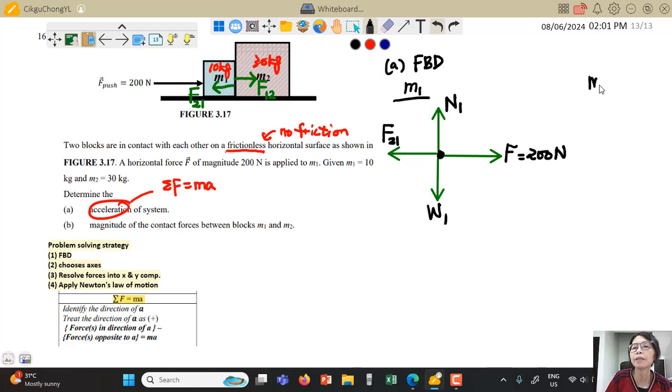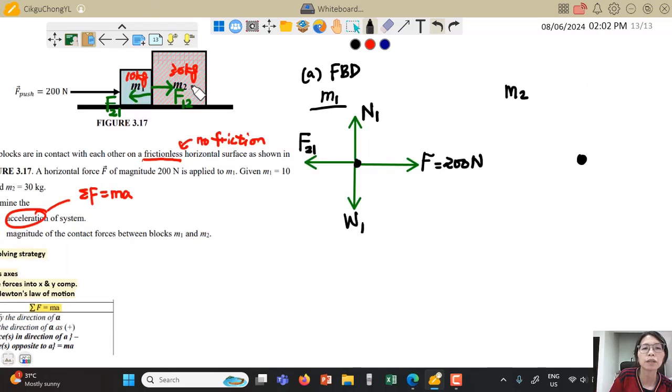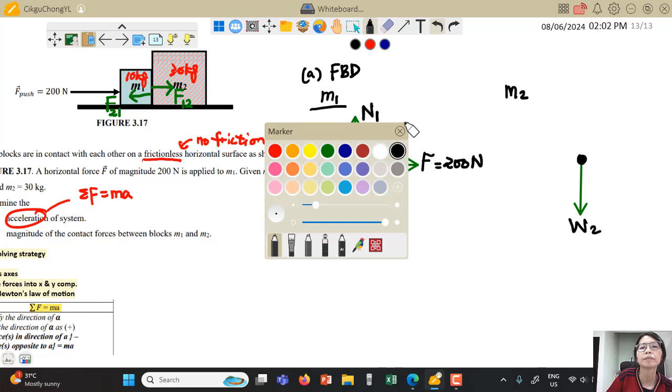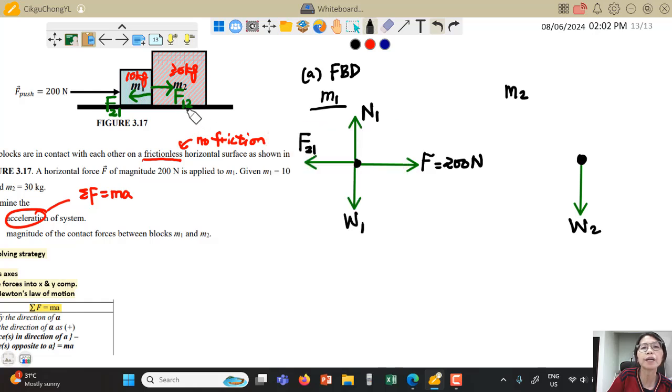Then we have the FBD for M2. Same goes for M2. M2 has mass, so it will have weight downward, W2. M2 is put on the surface, so it has normal force upward, N2.